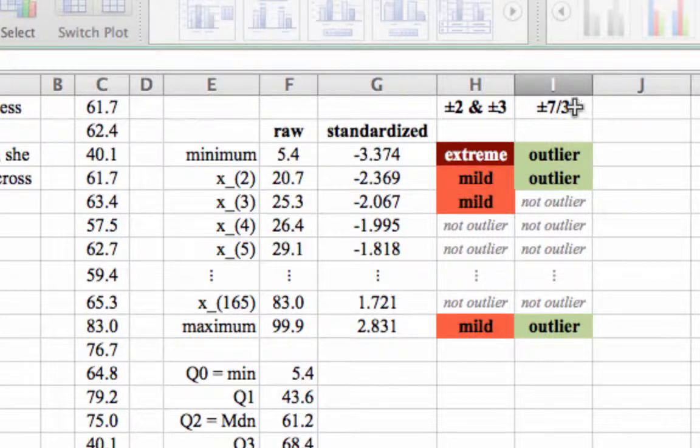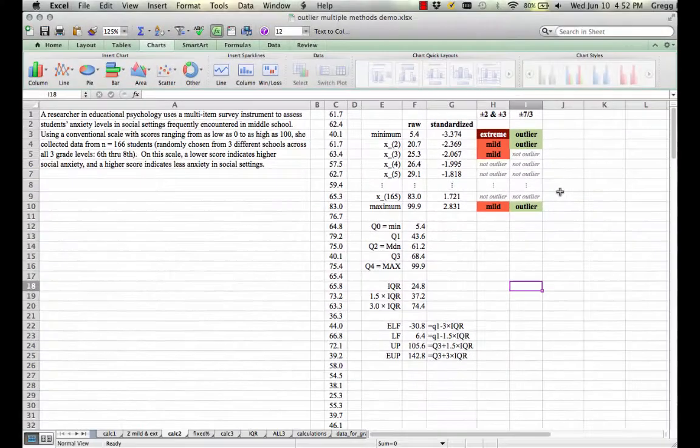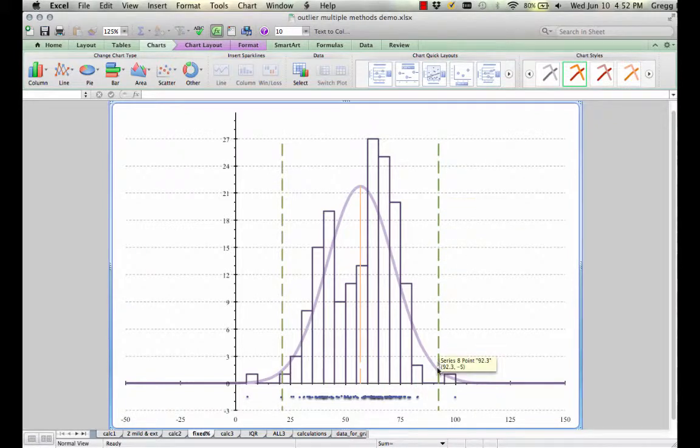So a Z-score above 7/3 or below negative 7/3 would be considered an outlier. Under this criteria, the minimum and the next smallest value of 20.7 would be considered an outlier, and the maximum would be considered an outlier, but all the values in between would not be considered outliers. In this case, there's one fixed value at which everything above or below the boundaries would be considered an outlier.